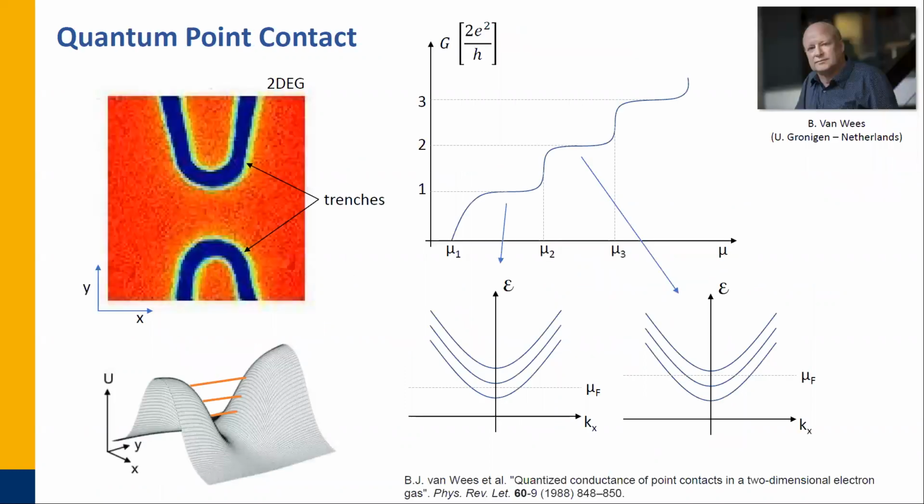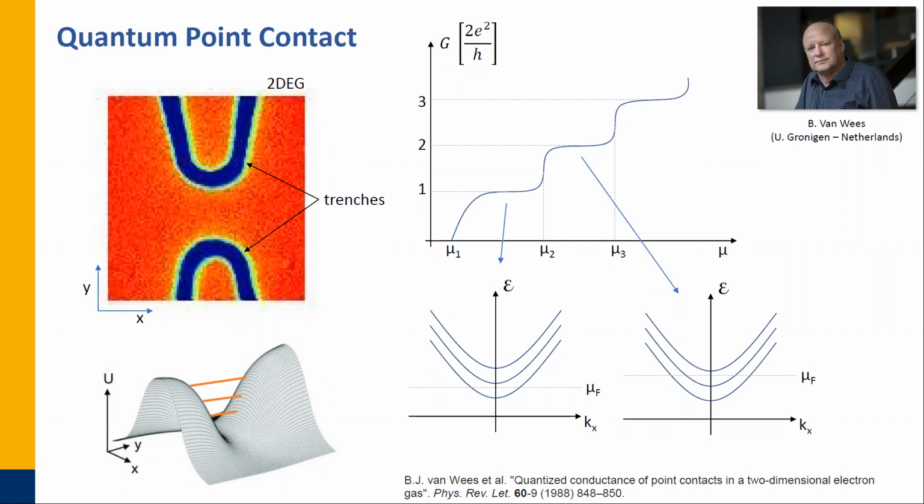Now, this was measured experimentally by Bart van Wees, from the Netherlands, in the 80s. So what he did was this. Here we have trenches, and the red region is a two-dimensional material. Our electrons are forced to flow through this constriction.